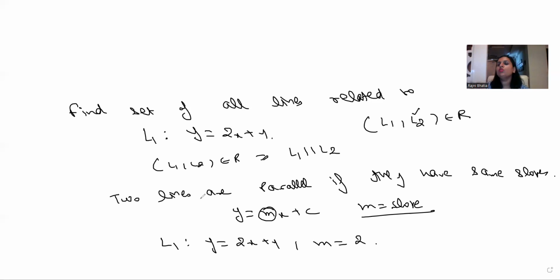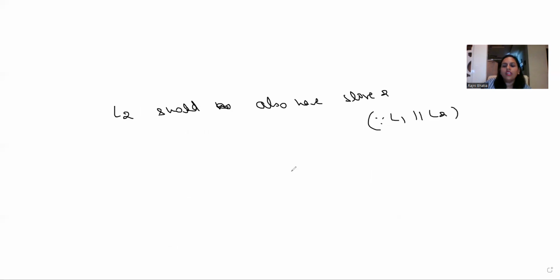So y equals 2x plus 4, the coefficient of x is 2, so the slope is 2. So we can say that L2 should also have slope 2. Why? The reason is very simple, because L1 is parallel to L2.